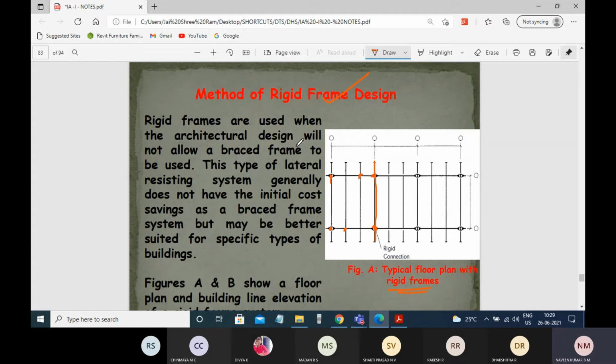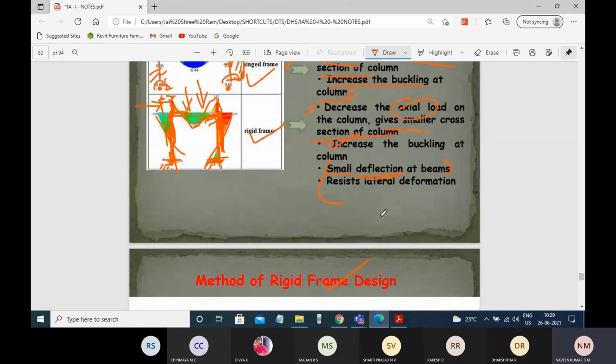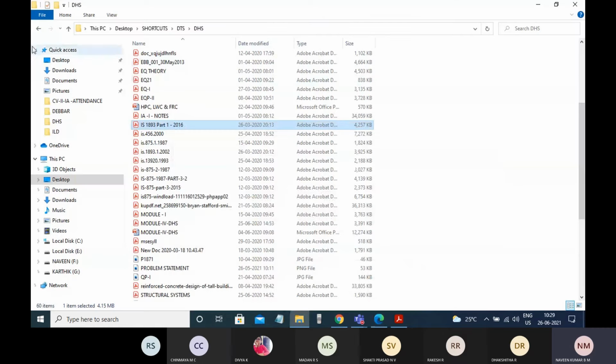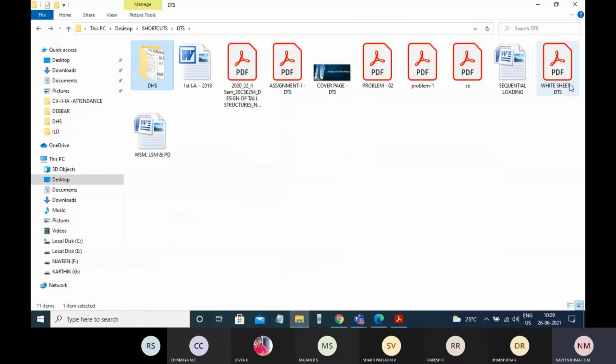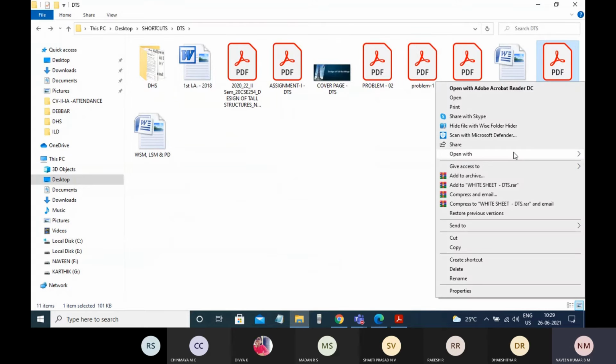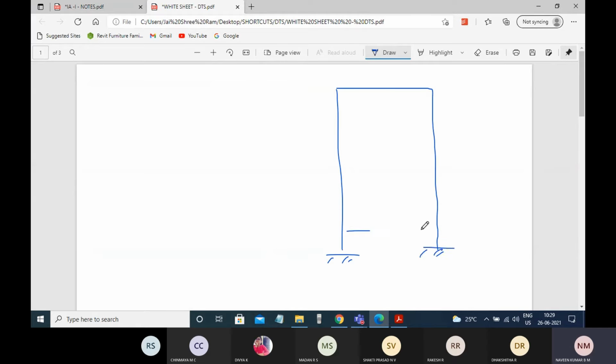Usually, when you are going to prefer the rigid frame in case of tall buildings, that is more important. Usually in the past and in the present also, for tall structures you will be considering braced frame structures in the tall buildings.